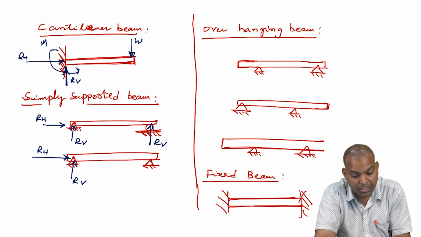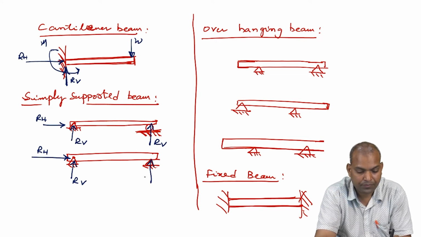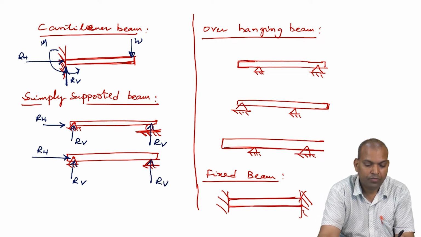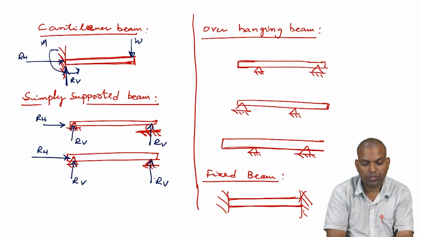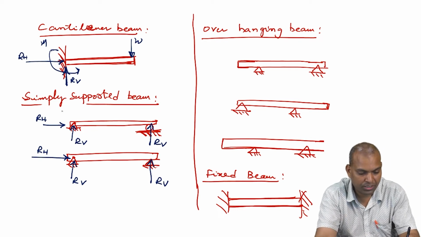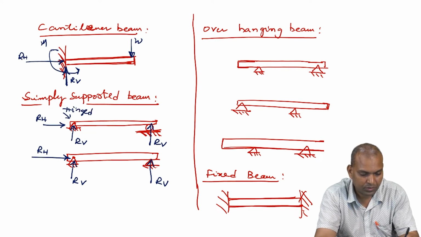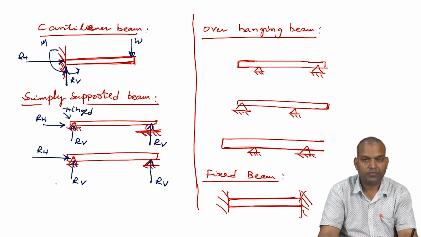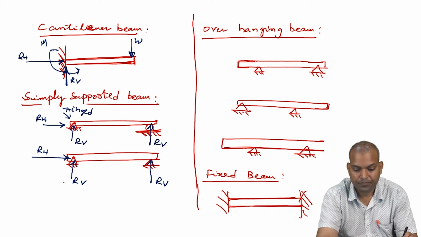Here it is the knife edge support, only one reaction. For roller and knife edge, only one reaction. For a hinged support, two reactions, one vertical, another horizontal.